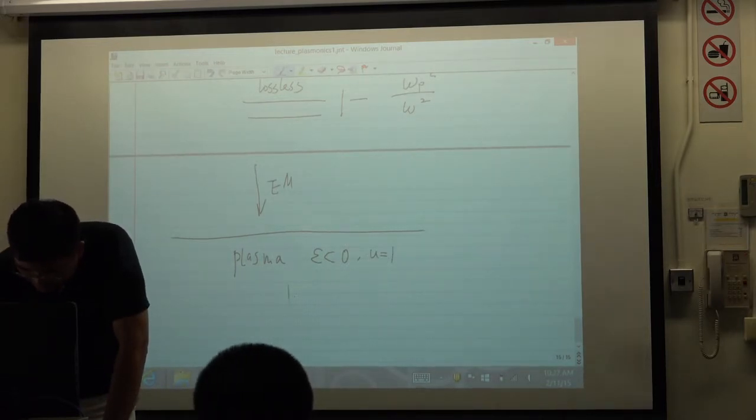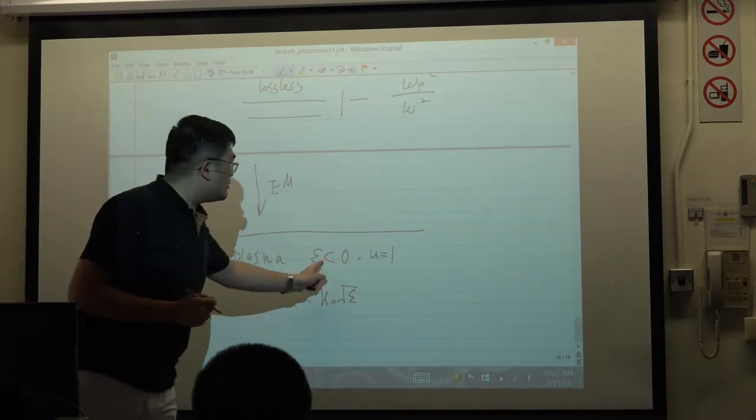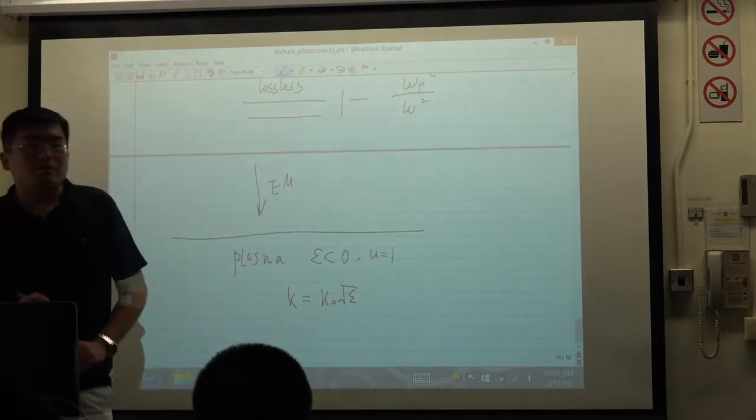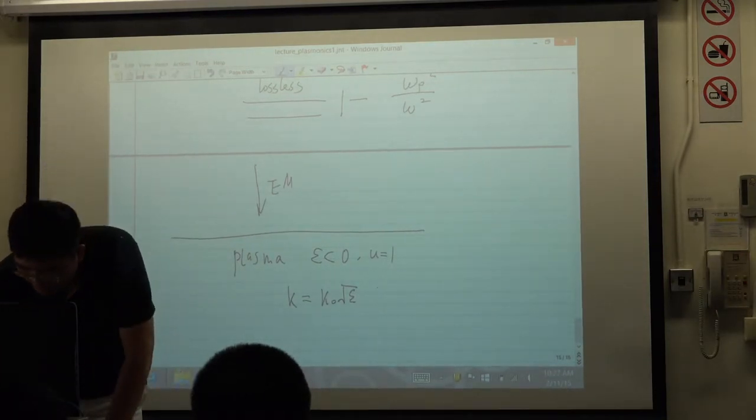K equals K0 times the square root of epsilon, no problem. If epsilon is smaller than 0, K becomes complex, purely imaginary, j K0.